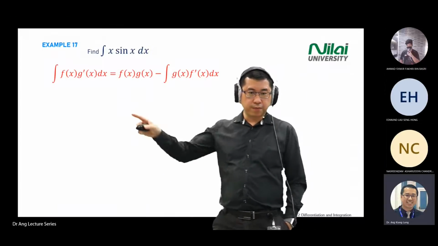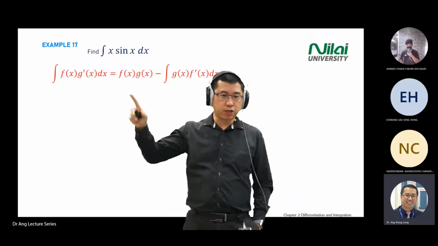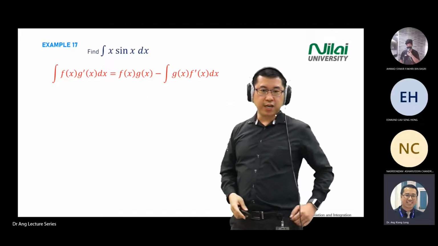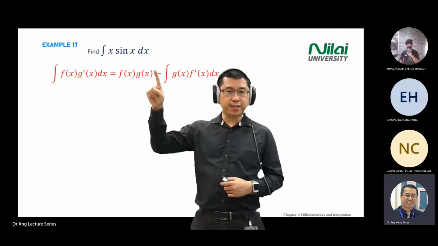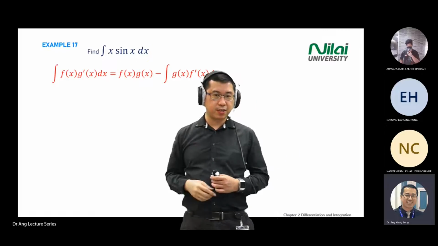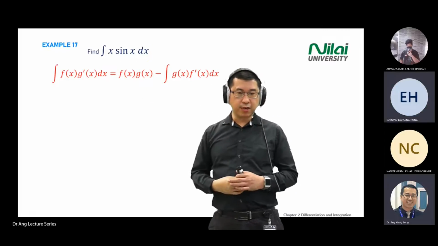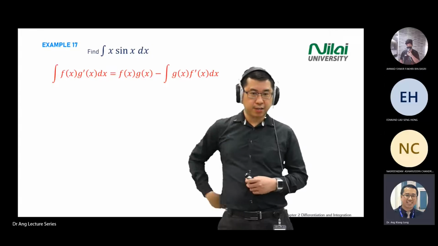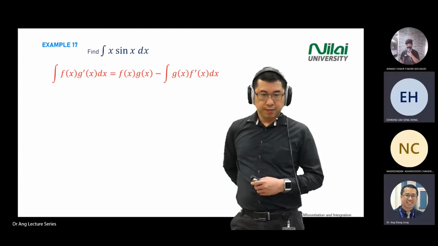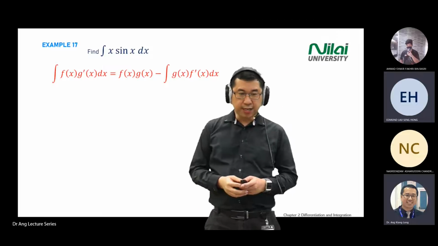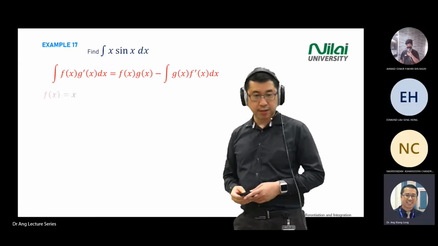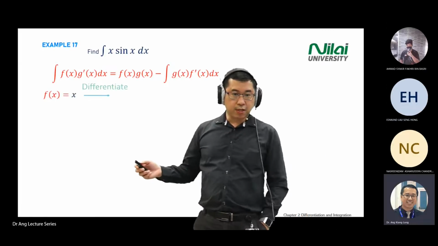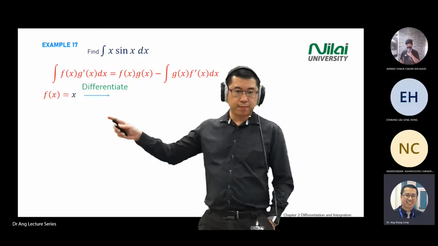First question, on the left-hand side and the question. Edmund, what is your f(x)? If you compare side by side, what is your f(x)? X. Okay, what is your g comma x? Sine x. Okay, sine x, not sin, sine x. So this is a question that I asked Edmund just now.